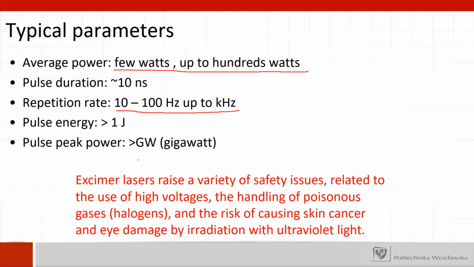But when working with excimer lasers, we need to remember two things. First of all, these gases are poisonous. The second thing is the risk of harm because of ultraviolet light, which is phototoxic, so we can have problems with our vision and eye damage, and also skin cancer.